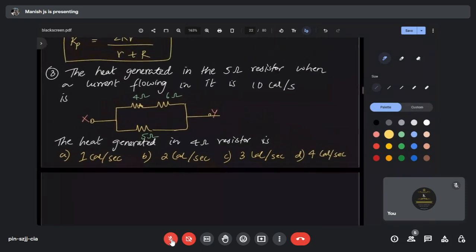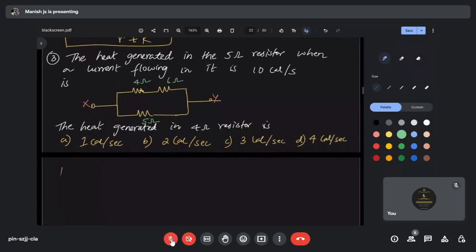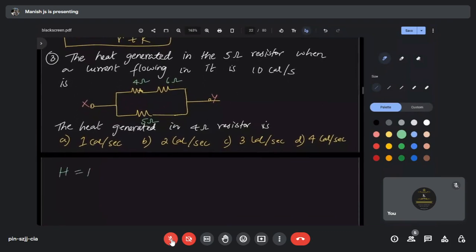Yes, try this. You need to apply the formula for heat. The general formulas, I'll just give you here. Heat can be written as the product of power into time.